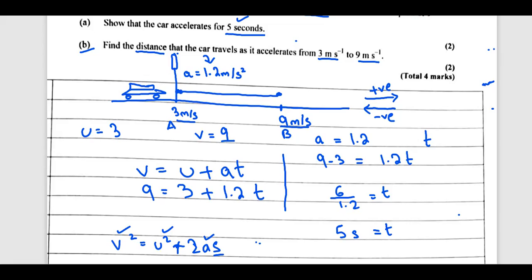Obviously, this time around, we are sure about the time as well, that is 5. But let's say the first part was just to find time. In that case, I would strongly advise you to use this equation. Do not use the equation that has time, because you are not sure about time, right?